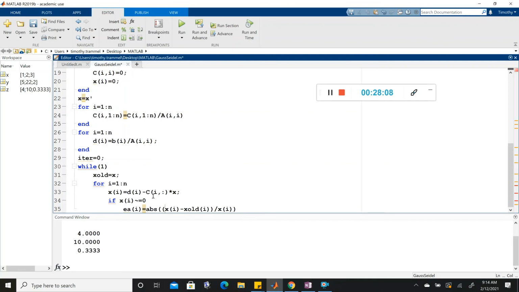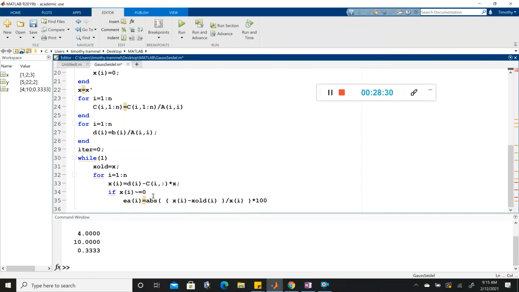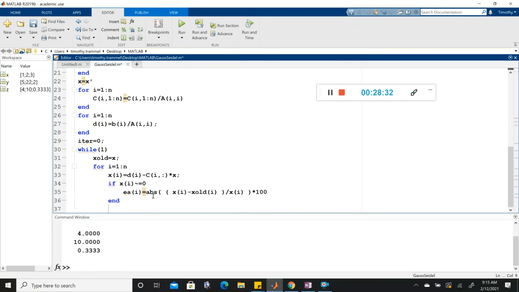Maybe I'll space this out a little bit. All right, and that is looking good. And the only other thing I want to do here is multiply this by 100 to turn this into a percentage. We will end that.